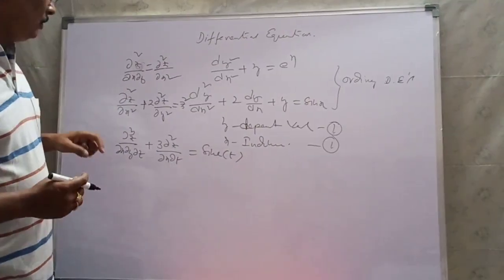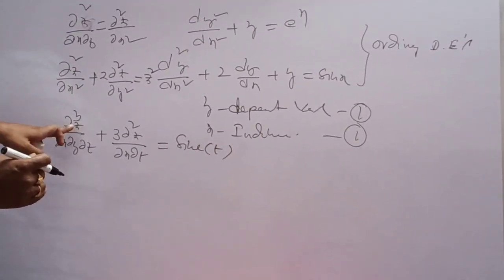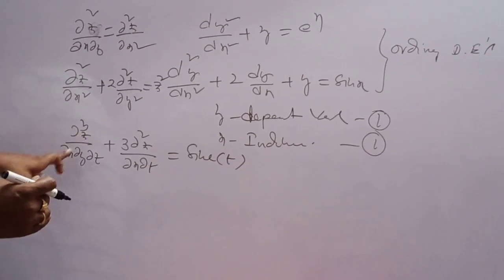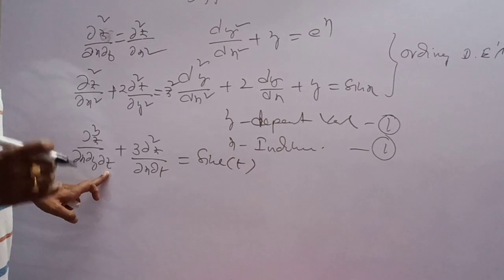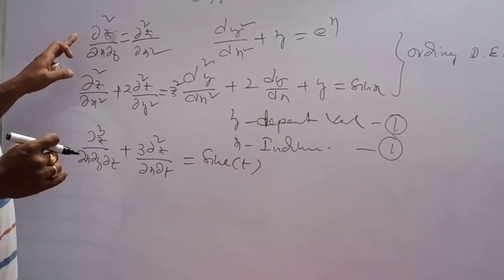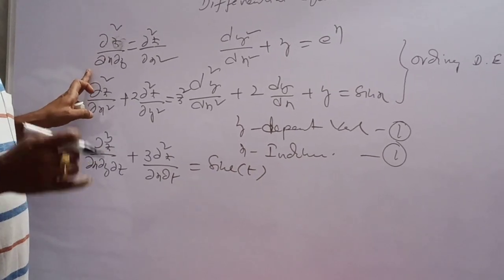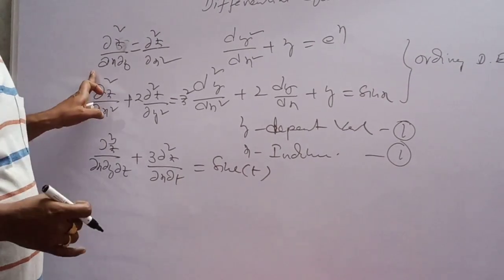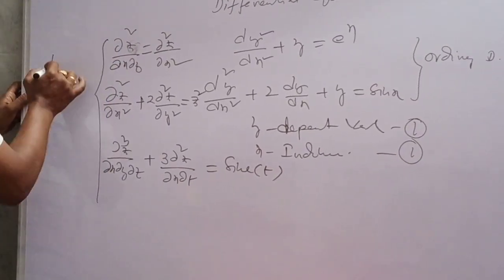Okay, so dou cube z by dou x dou y dou t. So z is the dependent variable and x, y, t are independent variables. So a differential equation having one dependent variable and two or more independent variables is called a partial differential equation.